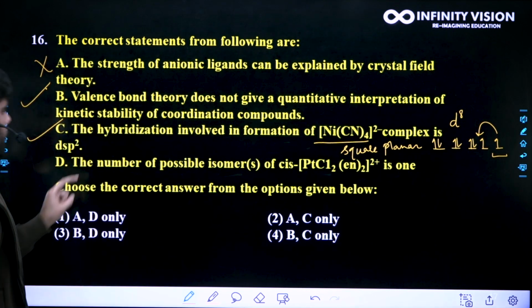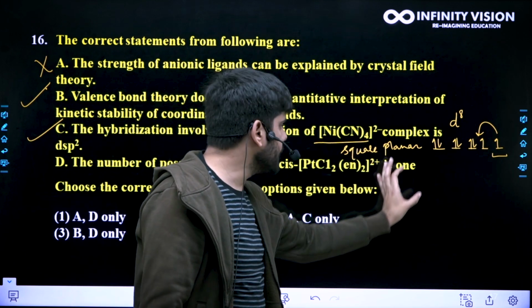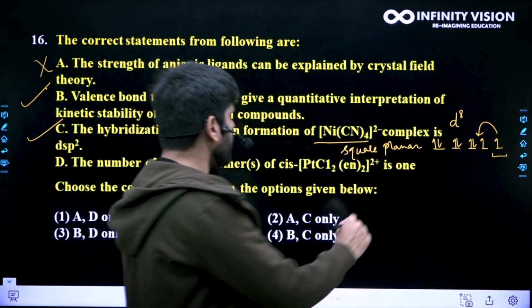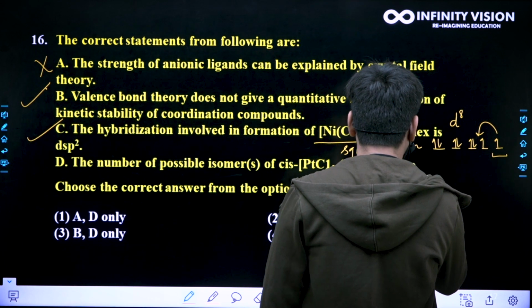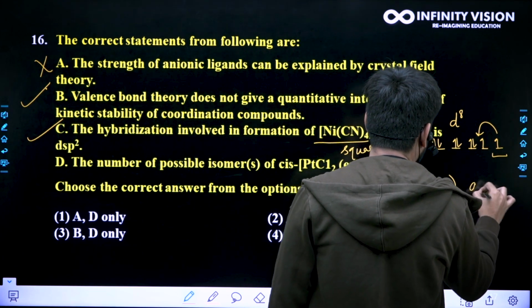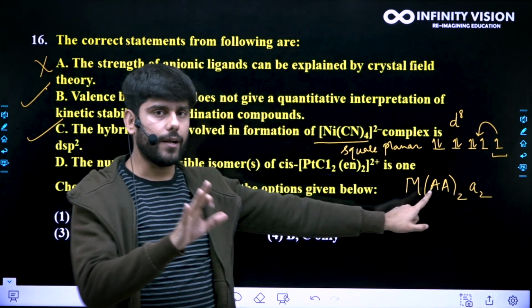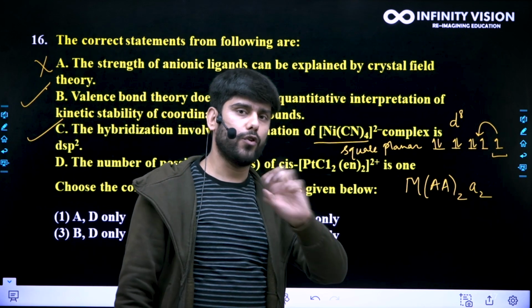This is correct. The number of possible isomers of this complex is 1. Okay. Now we know that suppose we have this type of complex, M(AA)2a2 type complex, where this capital A is your bidentate ligand and this small a is your monodentate ligand.